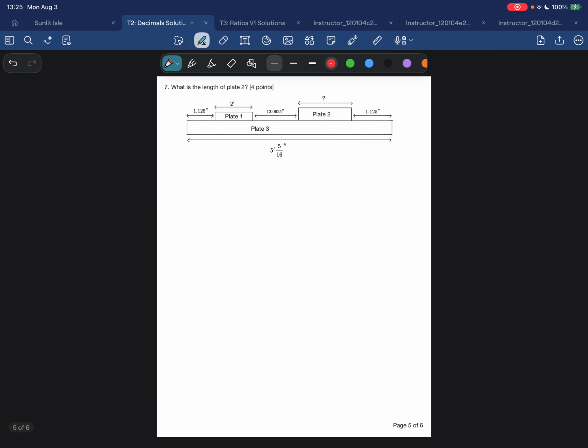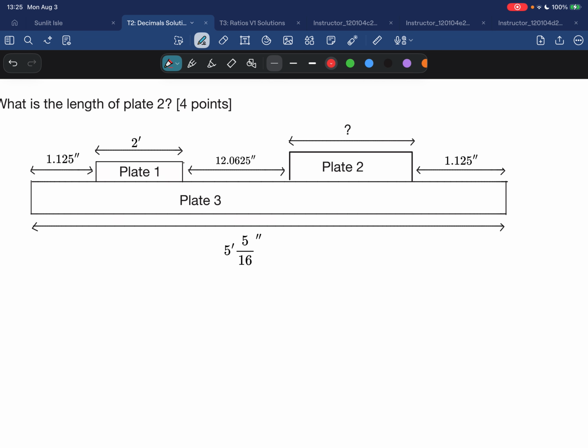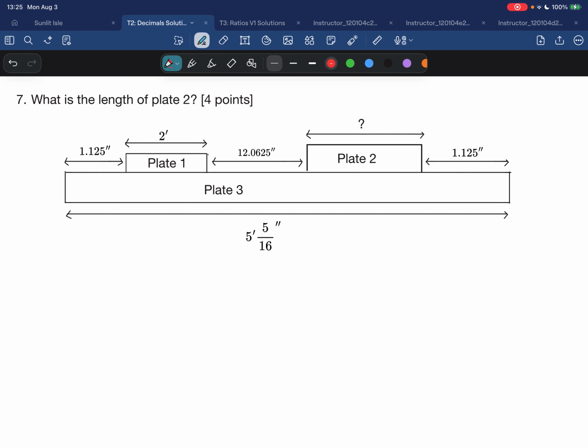Question 7. What is the length of plate 2? So we are looking for this number here. We are given the length of each individual segment and the total length of plate 3 there. So this one, my missing plate 2 length is going to be the total length of everything, so 5 foot 5 over 16 inches.